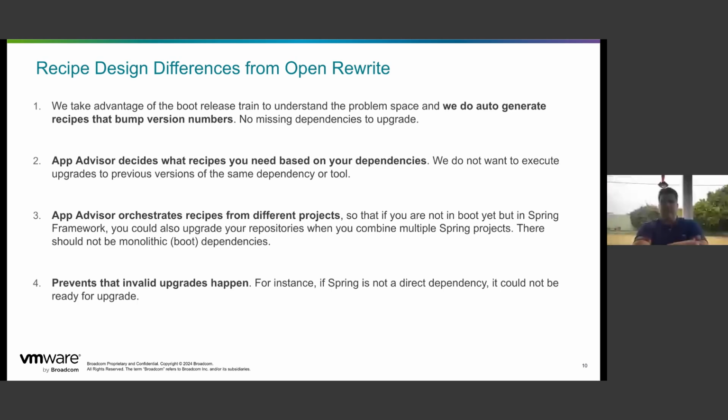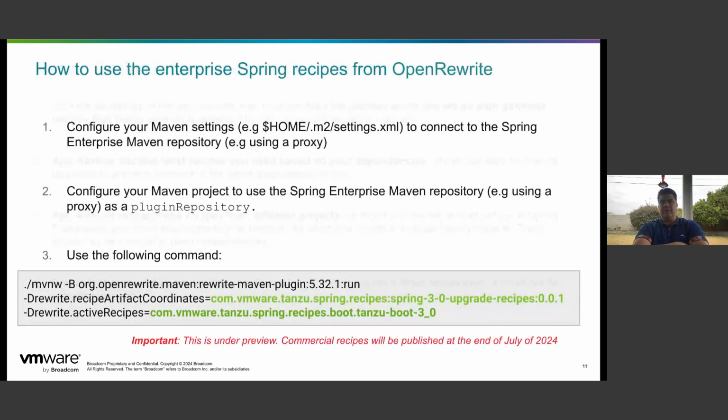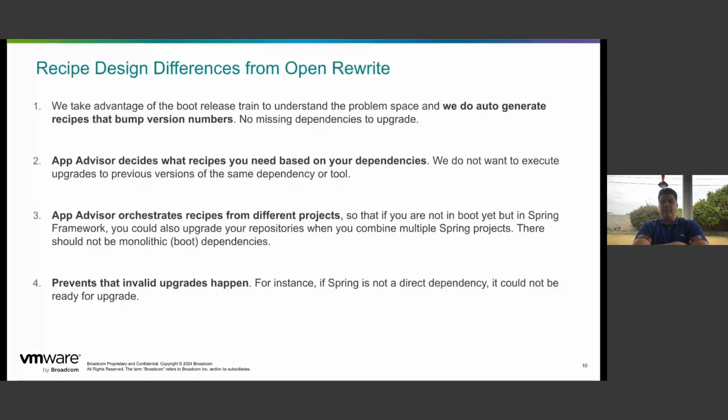Okay. And as far as that goes, Raquel, if I have an internal library that may be handling internal governance guidelines and such for my applications, what is the best way to get that upgraded and then have all of my applications take advantage of it? So Spring Application Advisor is going to provide a configuration file for the Spring updates, and you can have your own best practices or your own configuration file.